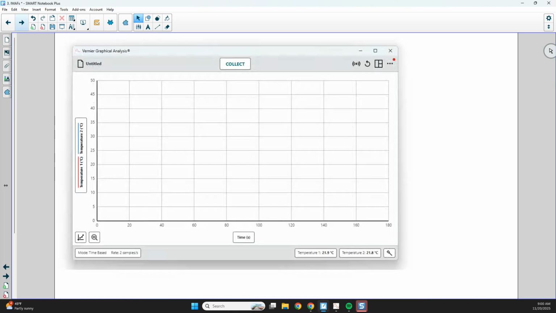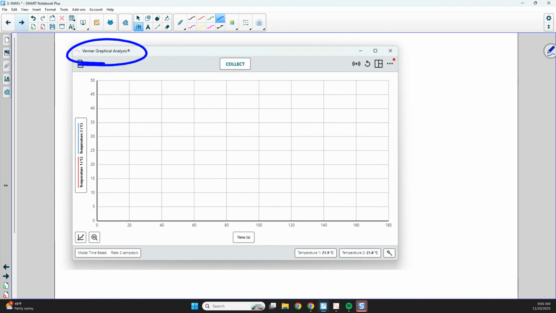Let's move on to step 2. So the main thing with step 2 is we need to figure out which probe goes with which temperature on your graph. When you plug your probes in, it should bring up this software, the Vernier Graphical Analysis software.